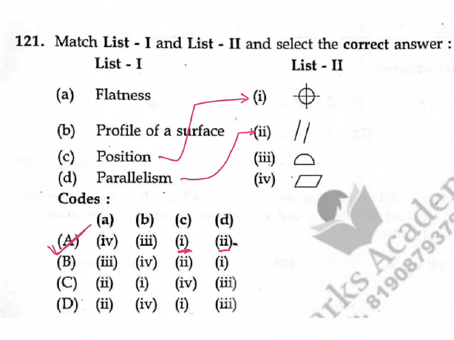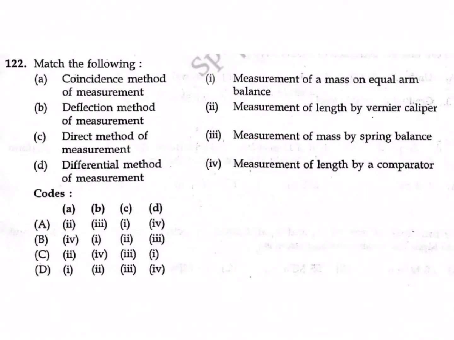Then again matching type question: coincidence method of measurement, deflection, direct method of measurement, differential. Deflection is by spring balance, B with triple I. Then A, coincidence method, measurement of length by vernier caliper.